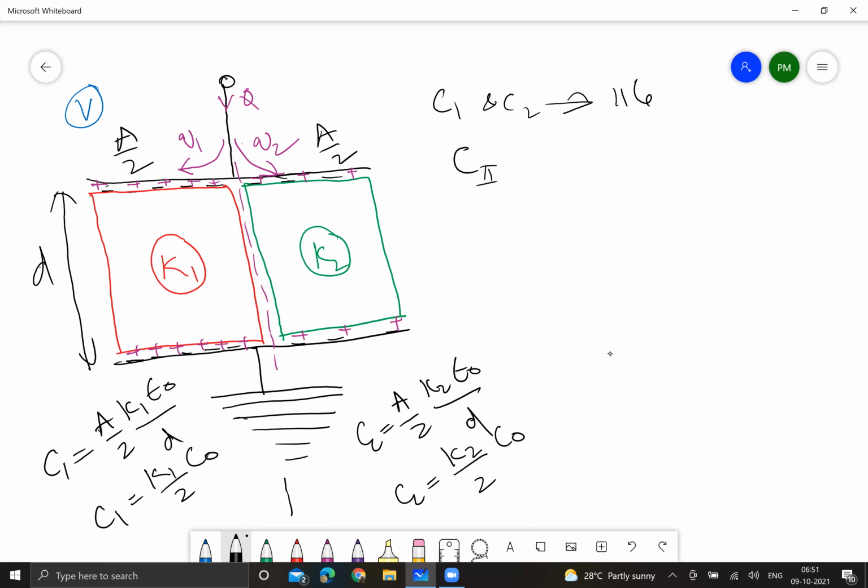So the effective capacitance in this context will be C1 plus C2, means I get C0 by 2 into K1 plus K2.